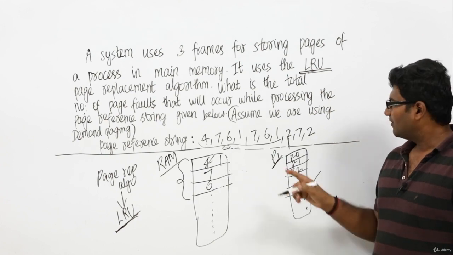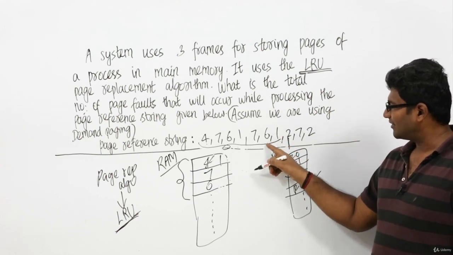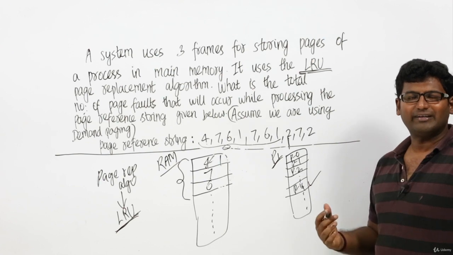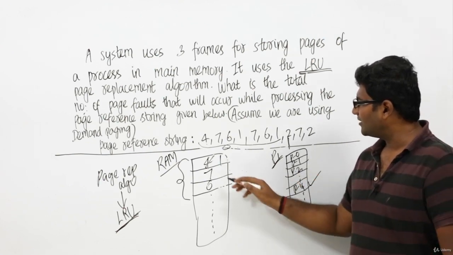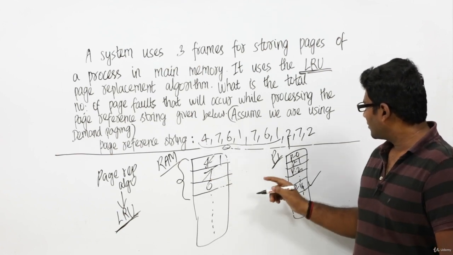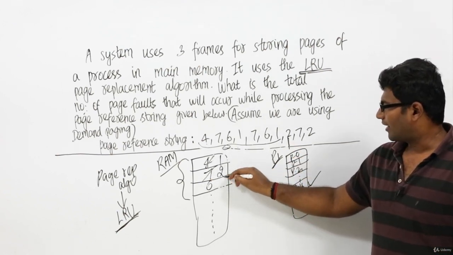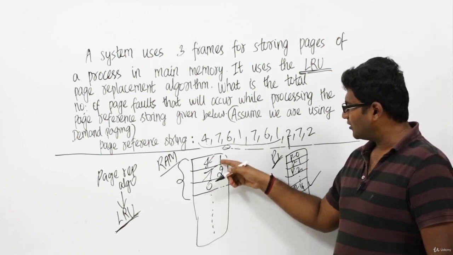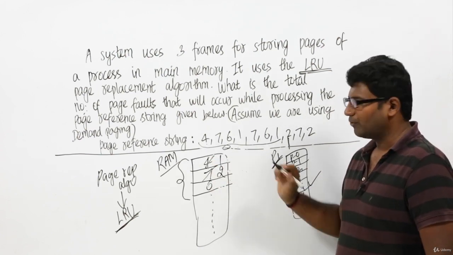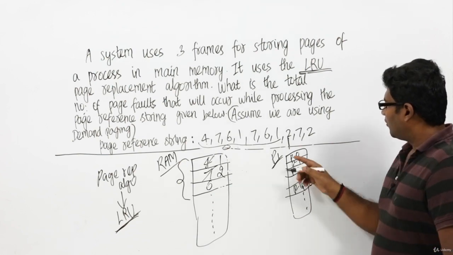These 2 pages are referred recently, but this page has not been, it was referred long back. So we should replace page number 7 with page number 2, right? It is leading to one more page fault. As of now we have 5 page faults, right? 1, 2, 3, 4, 5. Fine. Now this is done.